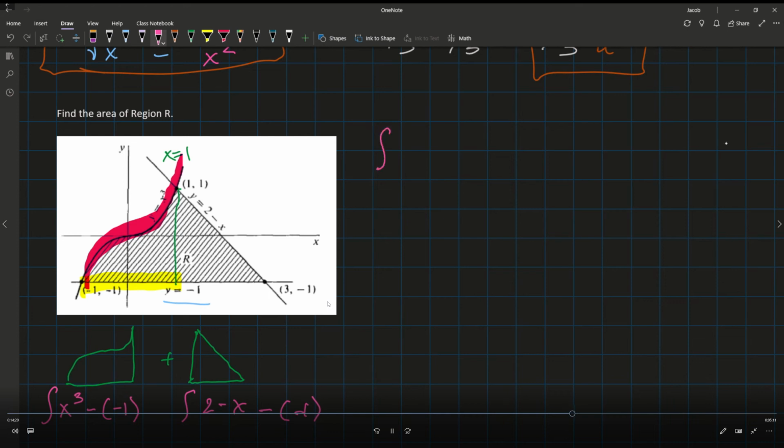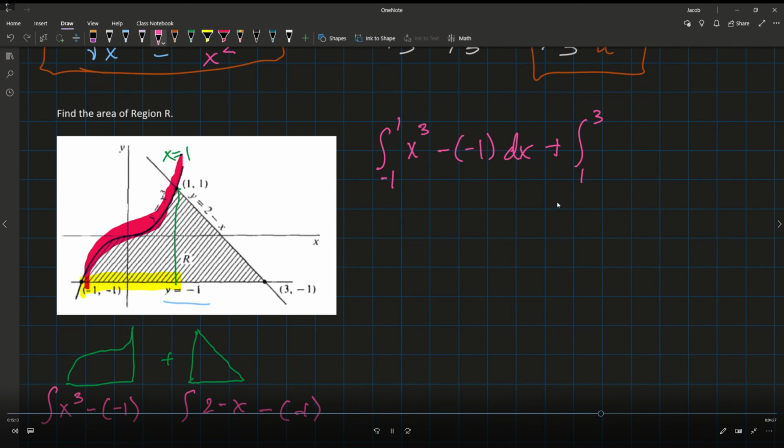And here we will have to take separate integrals because x cubed minus -1, that all happens on the left side of our bounds. So we'll have to start at x equals -1. And I know this is x equals -1 because of the coordinate. And I'll have to carry it to x equals 1. So I have one integral. And then the next one, I'll just add the two areas together.